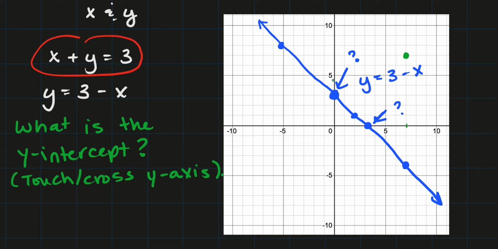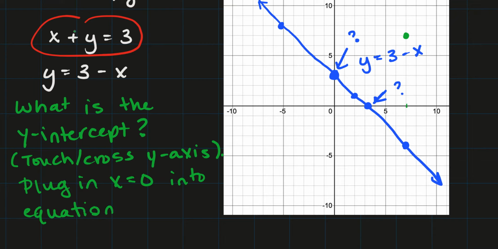It might cross, let's say, halfway between the 4 and the 5 or something like that. So you need a way to find that point pretty easily. And all you have to do is notice that when it crosses the y-axis, that would force this x to equal 0. So to find the y-intercept, we need to plug in x is equal to 0 into our equation.